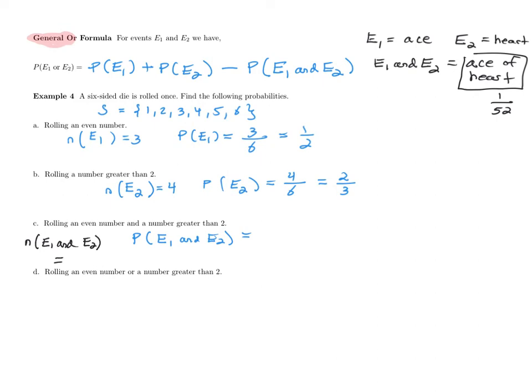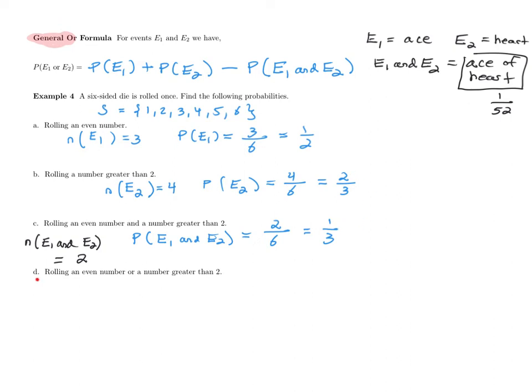Well, if you're greater than 2, you can only focus on these 4 choices, and of those, exactly 2 are even. The actual set is the numbers 4 and 6, but what I care about is how many things there are. That's a total of 2 things. Therefore, the probability of E1 and E2 occurring means there's 2 out of the 6 possible ways it could happen, and that is 1 out of 3 when you reduce it. Okay, so we got a half, 2/3, and 1/3.